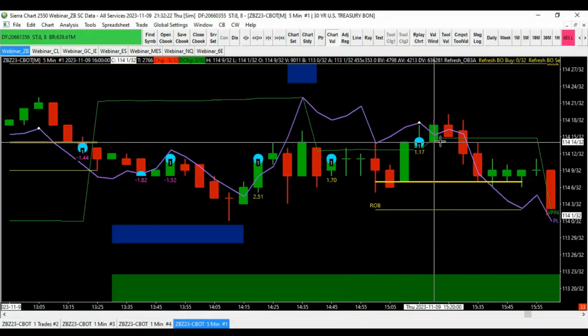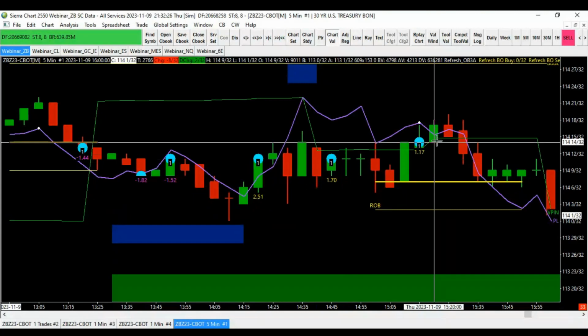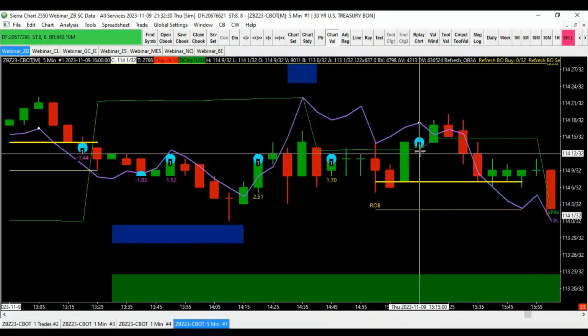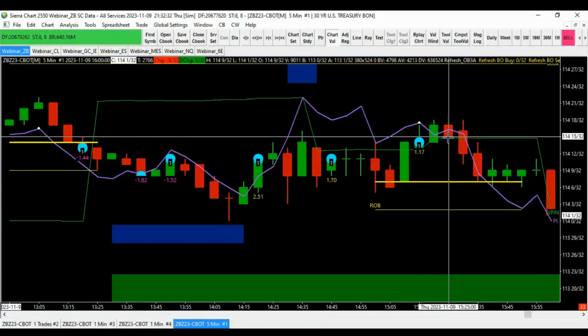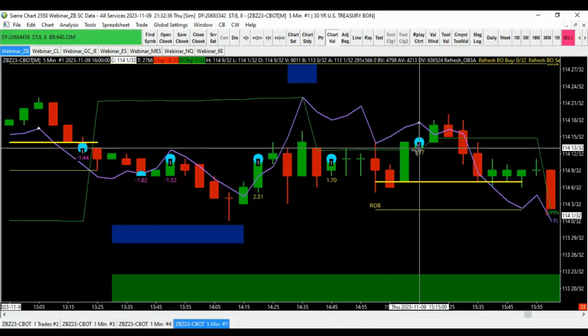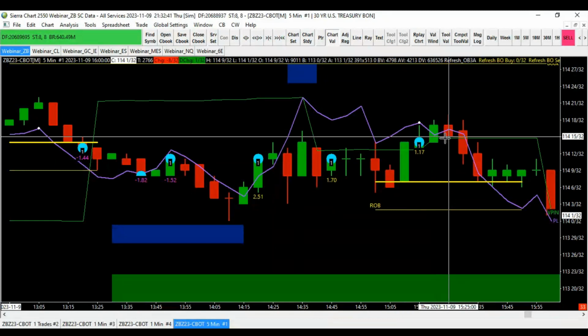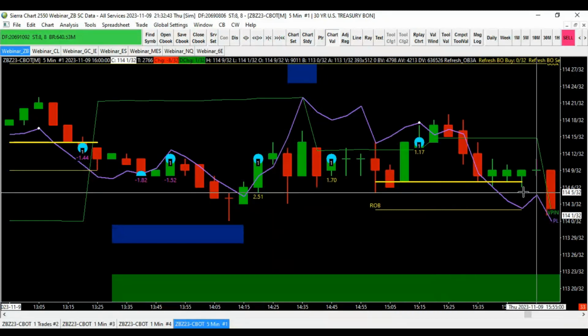The pressure line's starting to move down, which says there's not a lot of buying momentum here right now. VPIN is up slightly, but it already made a down move here. So you'd be thinking about reducing size or exiting the trade at that point anyway.